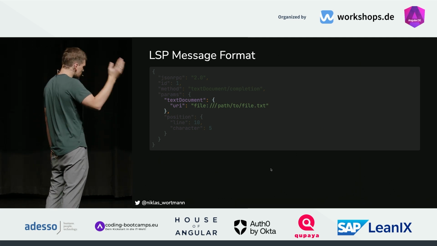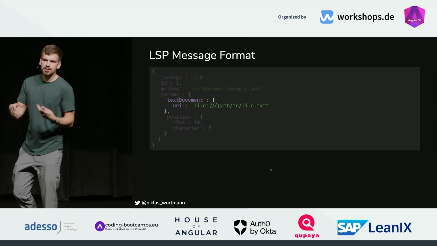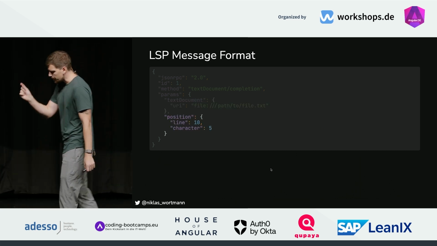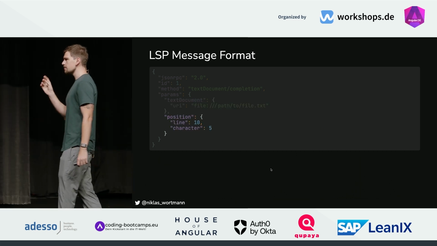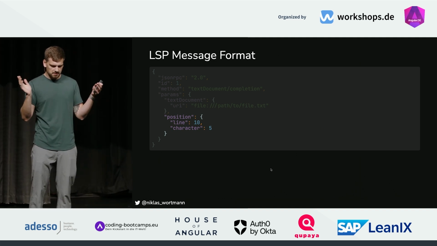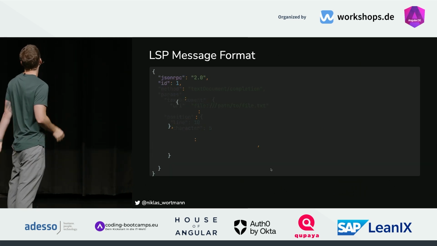And you also share the file where you want the completion so that the language server can open it, read it, and check if there is any surrounding code that might be relevant. The very important thing is that for language servers, most of the requests work by the position of your cursor. So it doesn't care about anything around it very much.